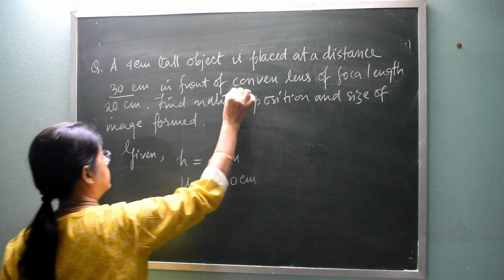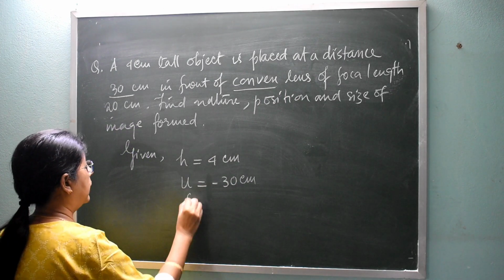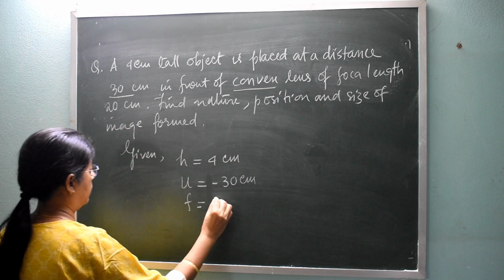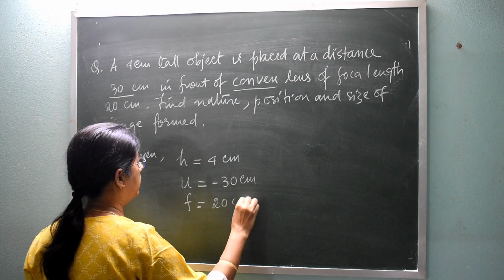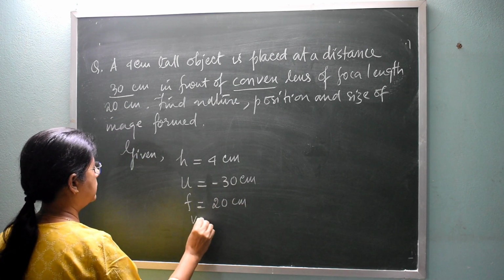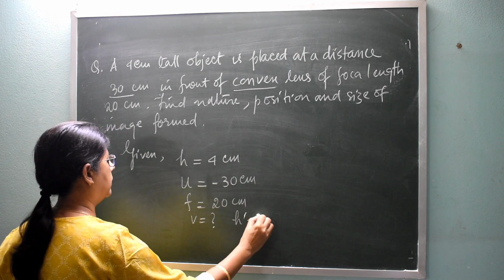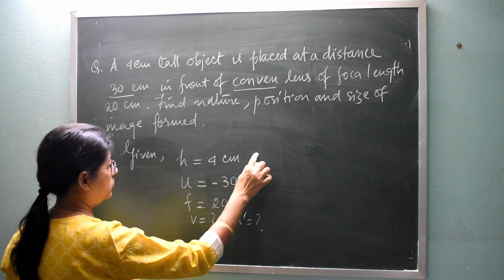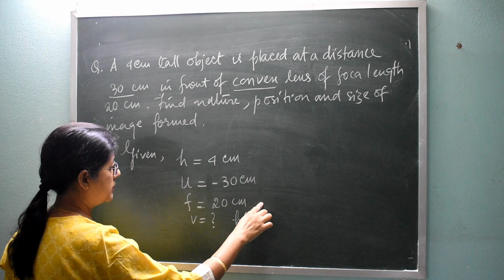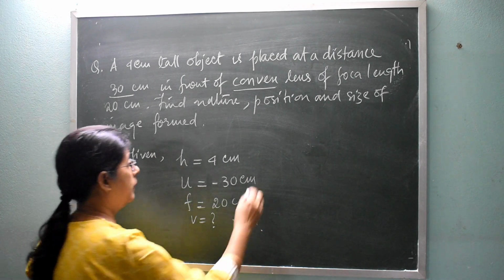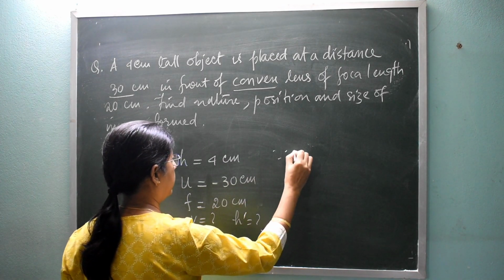What type of lens is it? Convex lens, so focal length will be positive, that is 20 centimeter. We are asked to find the image distance and height of the image. Then we check the units. All units are similar, so no need of conversion. Then we write the formula used.